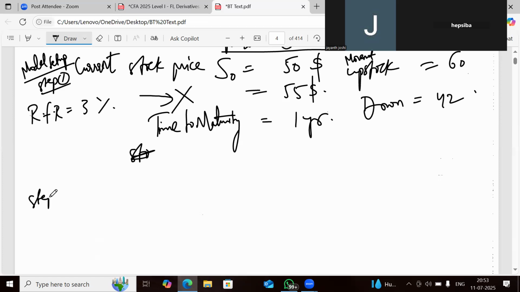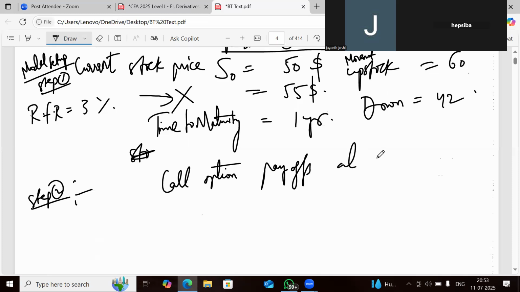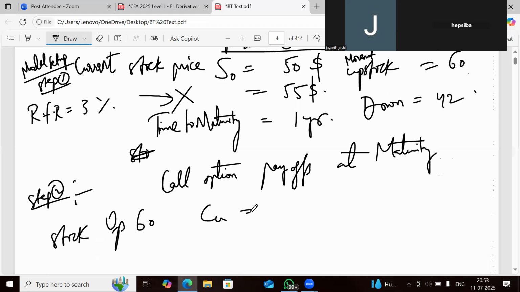Step two, we will find out the payoffs of the option. When the stock goes up, the call option is the maximum of stock 60 minus strike 55, comma 0, which will be 5.